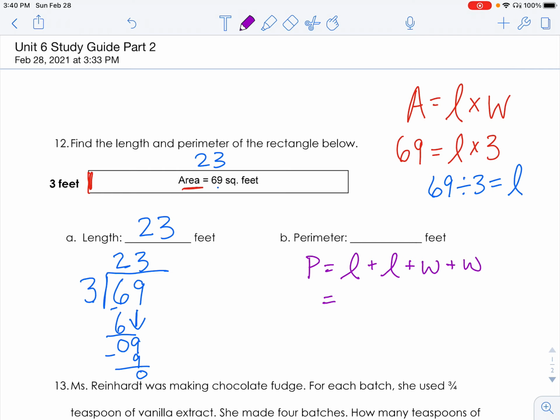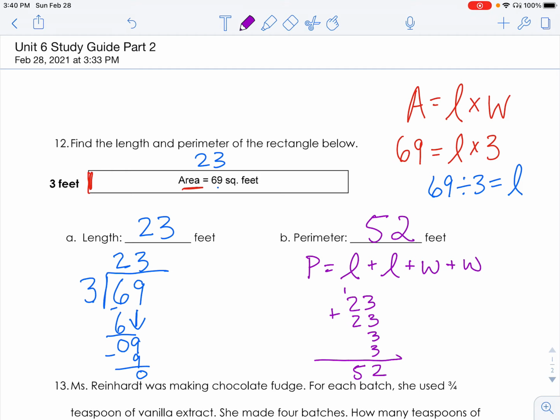So that's going to mean that, actually let me write this vertically now. So I'm going to add up 23 plus 23 plus 3 plus 3. Perfect. I add these to get 12, all of those 3's. I carry my 1, and I get a perimeter of 52 feet.